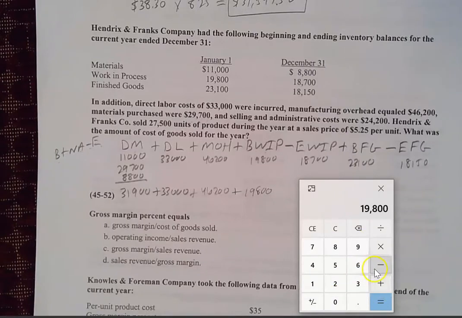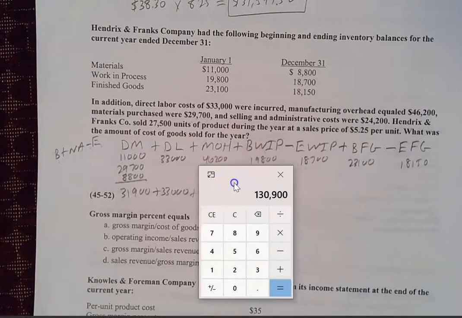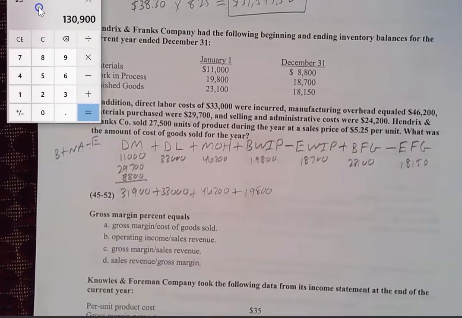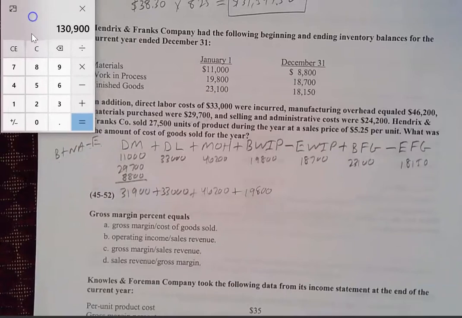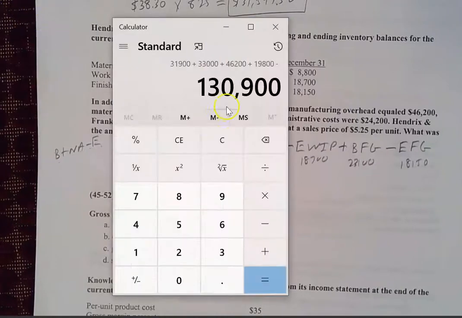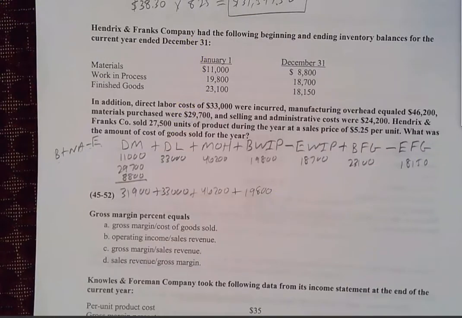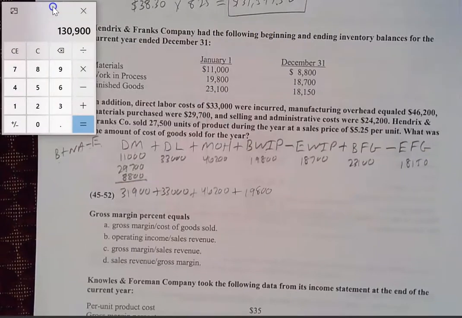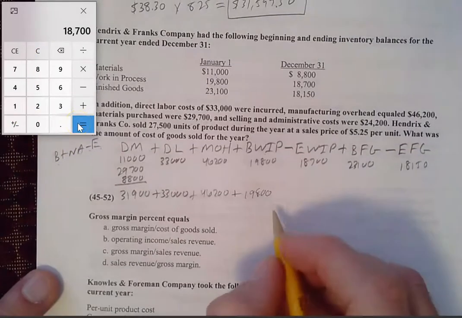Okay, and now I'm going to probably have to move this calculator around a little bit. Bear with me one second. I don't know if I hit the minus sign. I did. Minus 18,700, and that would be the ending work in process.